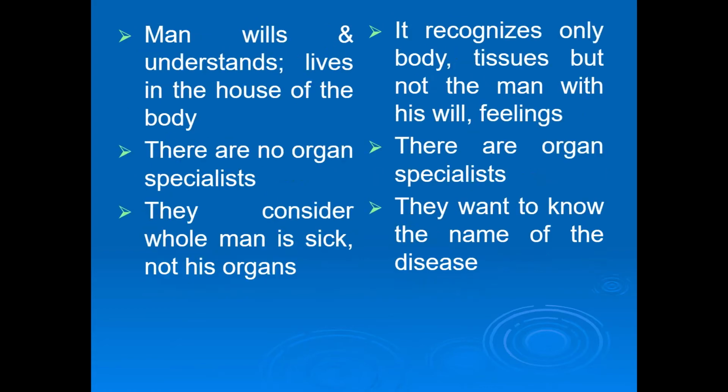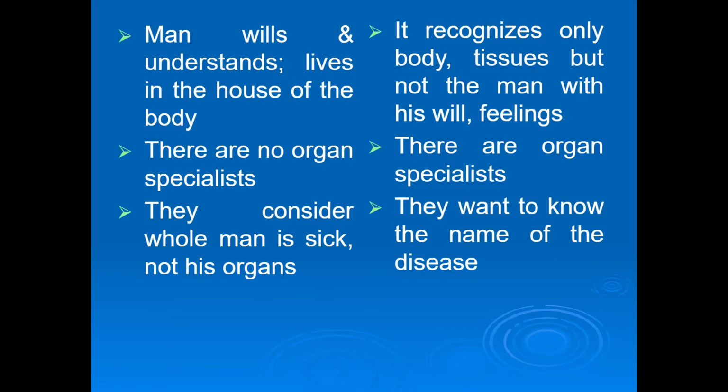Let's see further. So man wills and understands and he lives in the house of the body. There are no organ specialists in homeopathy. They consider the whole man is sick, not his organs. And modern medicine recognizes body tissues and not the man with his feeling and thinking.